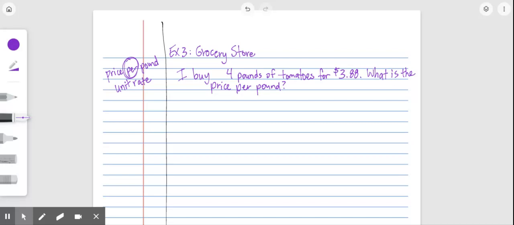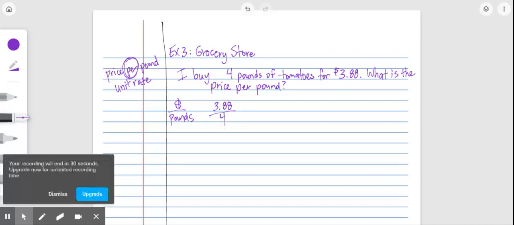Price per pound. So this time it has price first. So I'm going to put the price on top and I'm going to put the poundage on the bottom. So I'm going to write $3.88, 4 pounds. Okay.